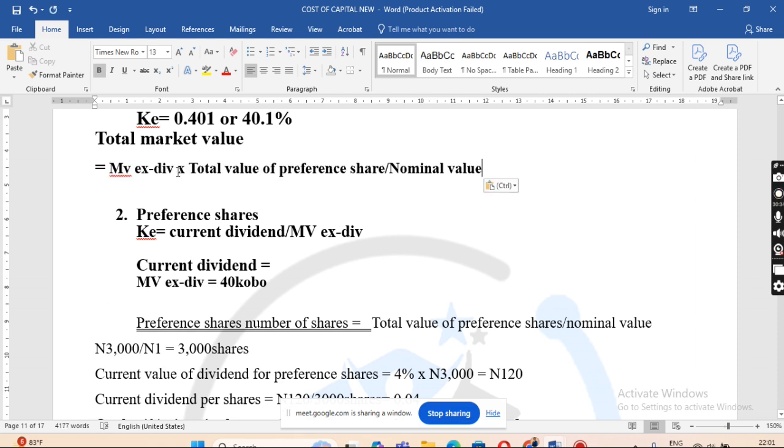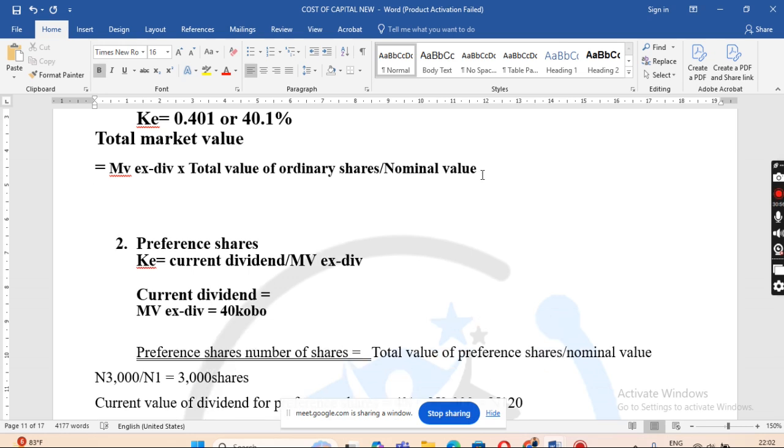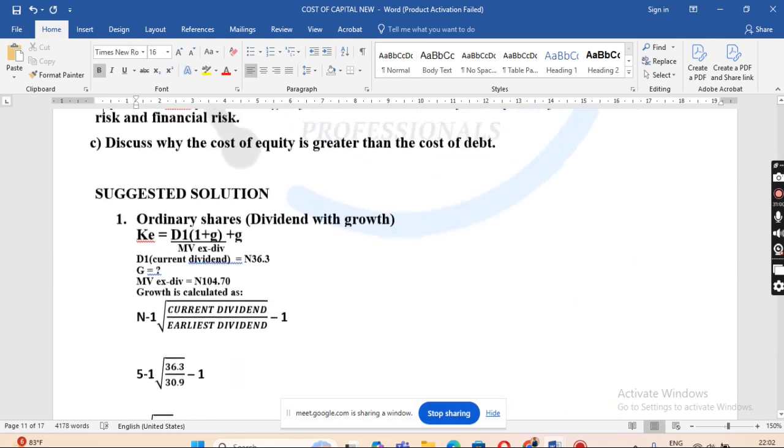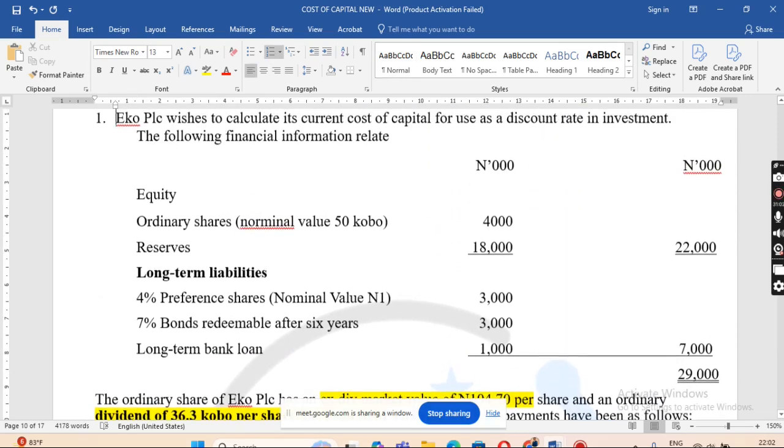Now, market value as div times total value of ordinary shares, class, ordinary shares, divided by the nominal value. Now let's go to the capital structure and check. This is the capital structure.